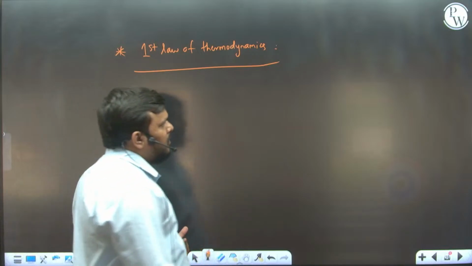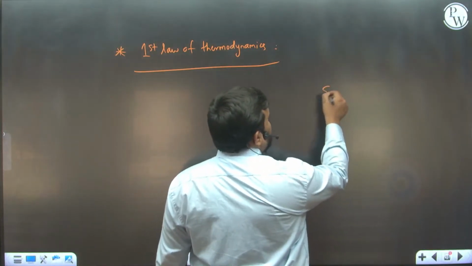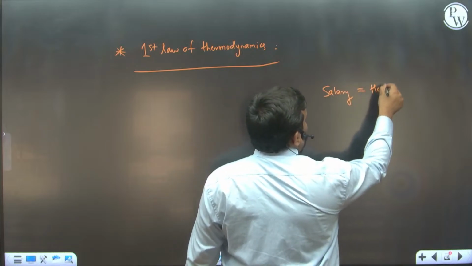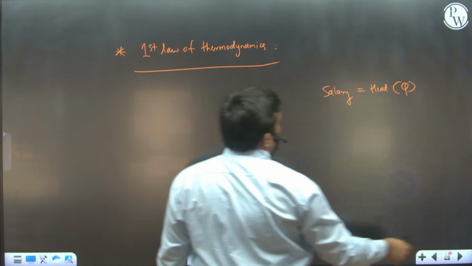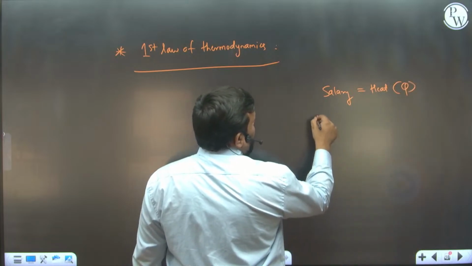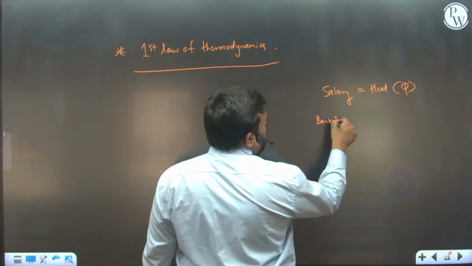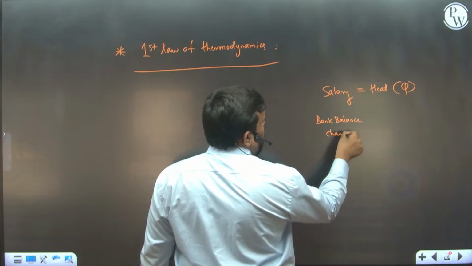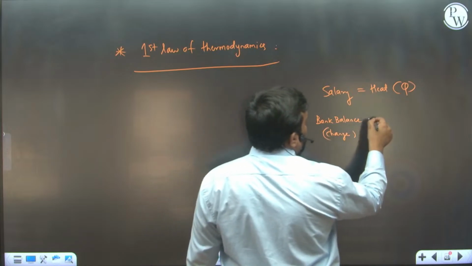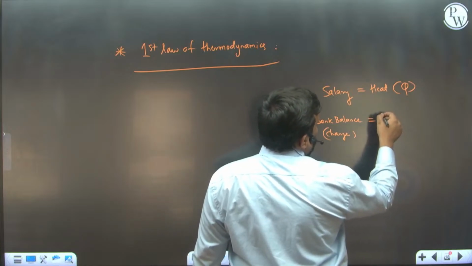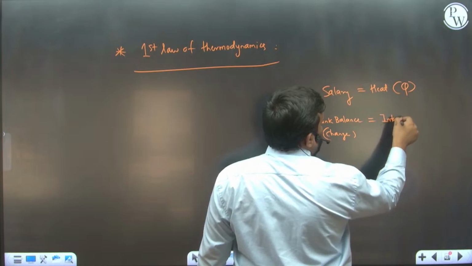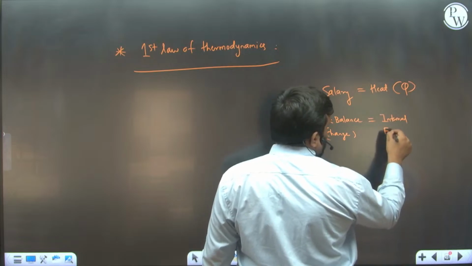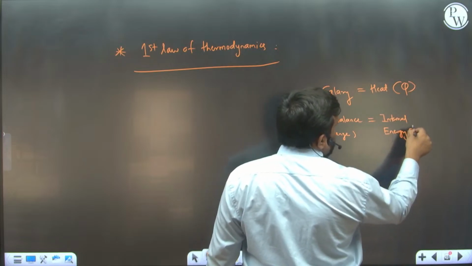Here I am assuming that salary is like our heat, which I am denoting by Q. The change in bank balance, that is increase or decrease in bank balance, is like internal energy change.